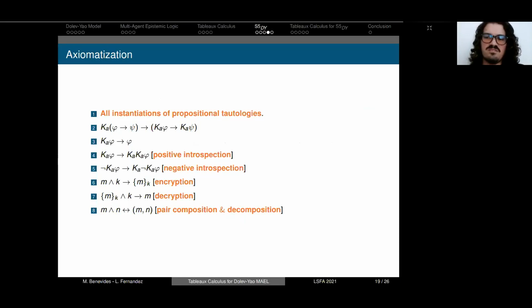The axiomatization is also similar to standard multi-agent epistemic logic, but we have these 3 extra axioms that ensure the semantical properties of encryption, decryption, and pair composition and decomposition that we have seen before.